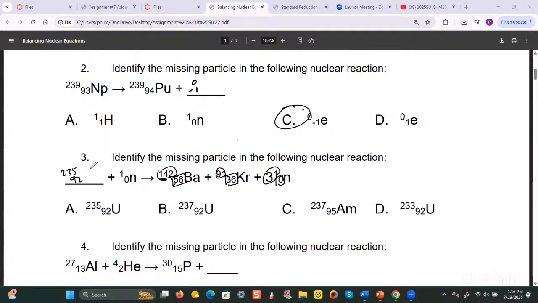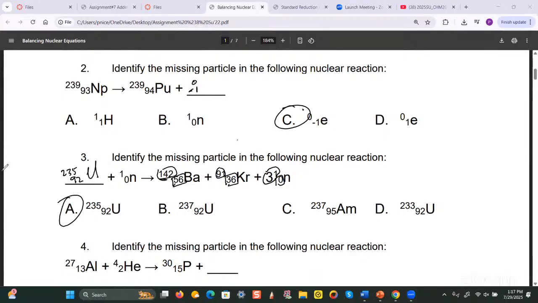So the next step is to identify the element with the atomic number 92, and that element is what? Uranium, U. So that means that A would be the answer for that one. All right? Any questions about that?